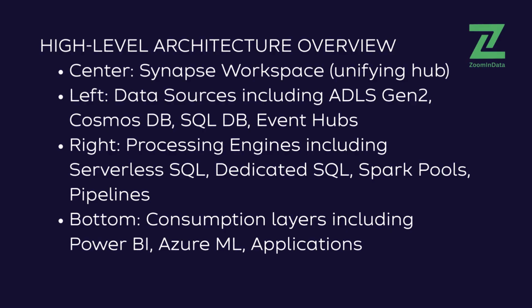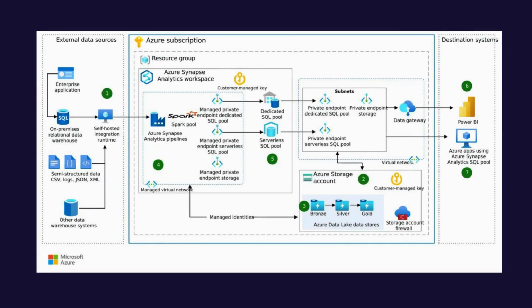On the right side are the main processing engines, Serverless SQL Pool for quick ad hoc queries, dedicated SQL Pool for structured high-performance work, Spark pools for big data analytics, and pipelines for data movement and transformation. At the bottom you see the consumption layers where the results flow out to Power BI for interactive dashboards, Azure Machine Learning for model deployment, and various applications or business intelligence tools.